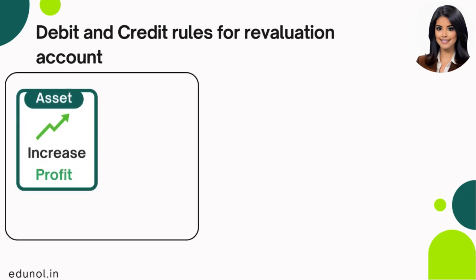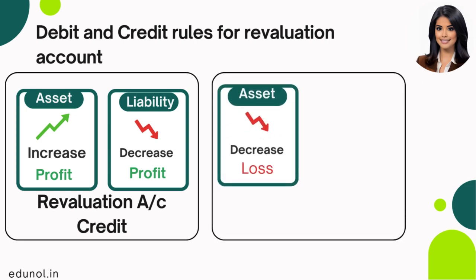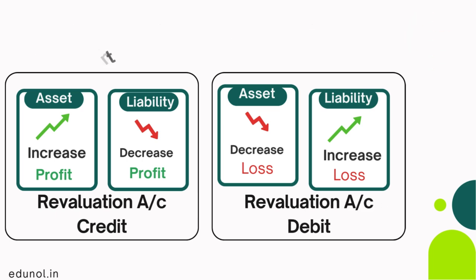When value of asset increases, or the value of liability decreases, then there is a profit. So revaluation account gets credited in such cases. When value of asset decreases, or the value of liability increases, then there is a loss. So revaluation account gets debited in such cases.